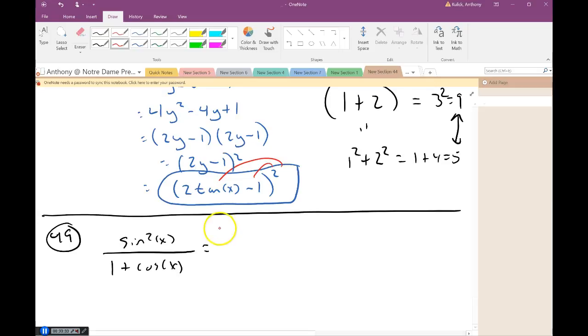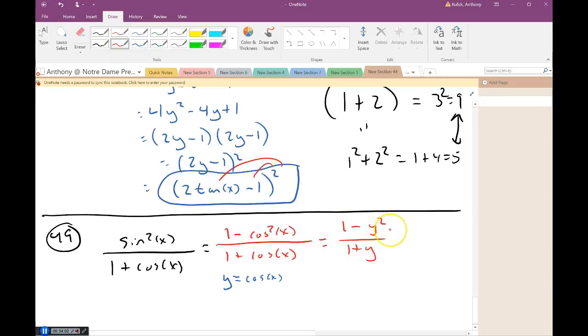So, I'm going to use that derived Pythagorean identity to rewrite sine squared as 1 minus cosine squared. Who was ready for that? Nobody was. Now, let's look at 1 minus cosine squared. If we say that cosine squared is the same thing as y, look at that numerator.